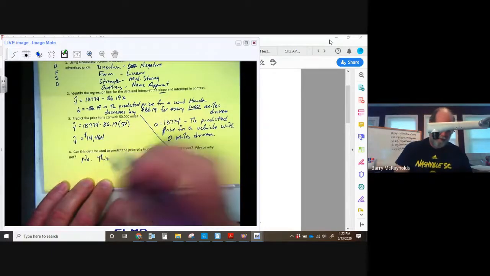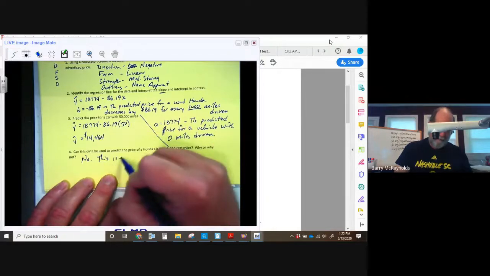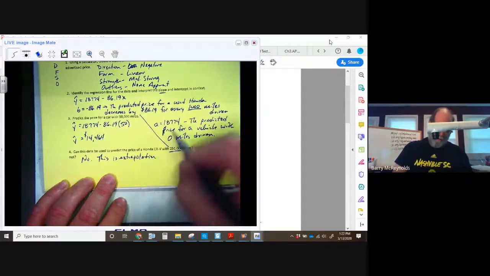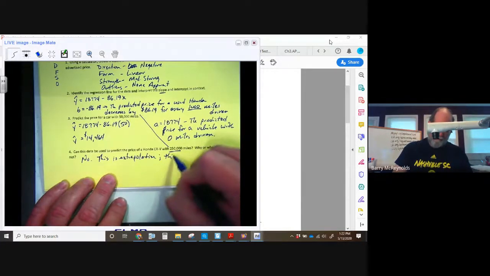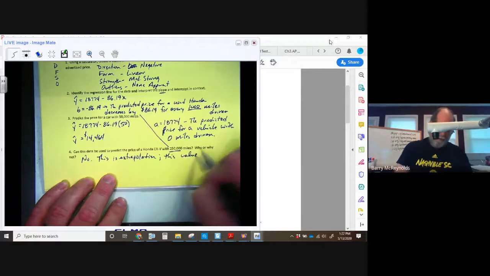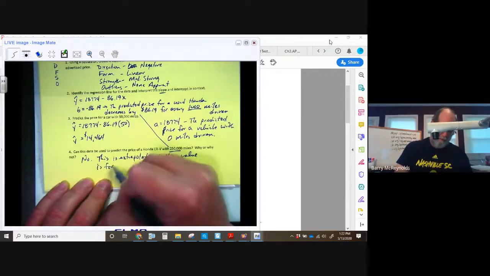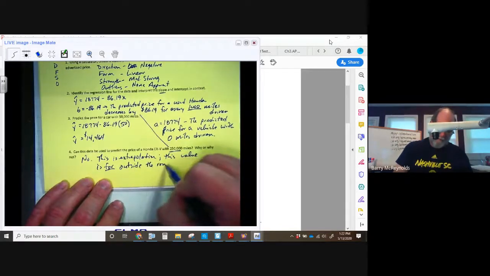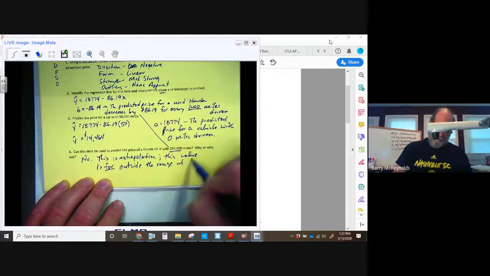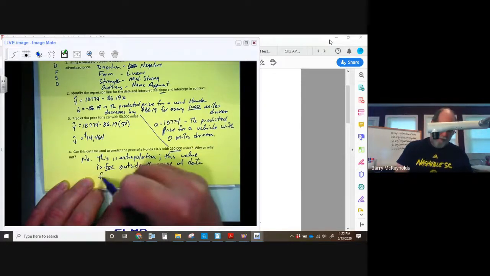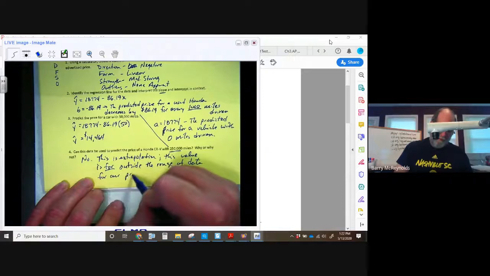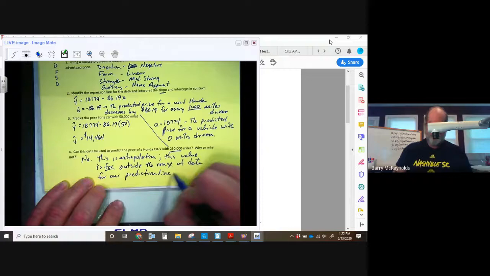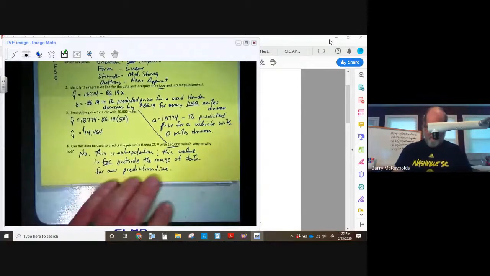And we're going to make sure we use the term. This is extrapolation. This value is far outside the range of data for our prediction line, or regression line, whatever you want to say.